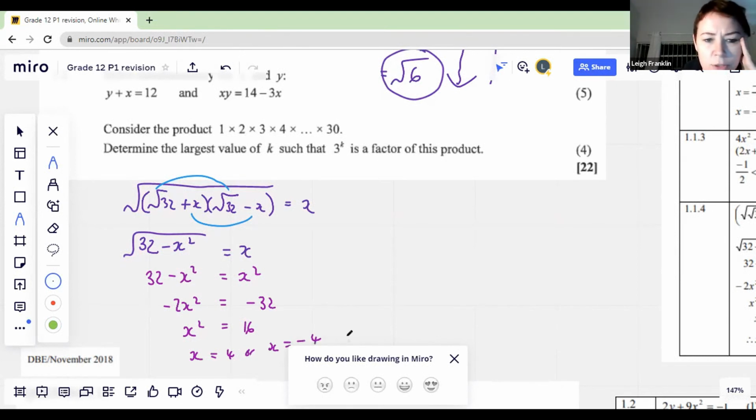That's what I'm getting as a solution. 4, -4.